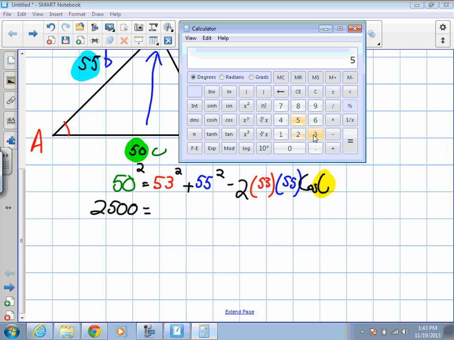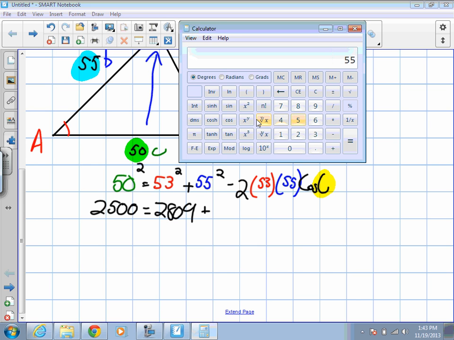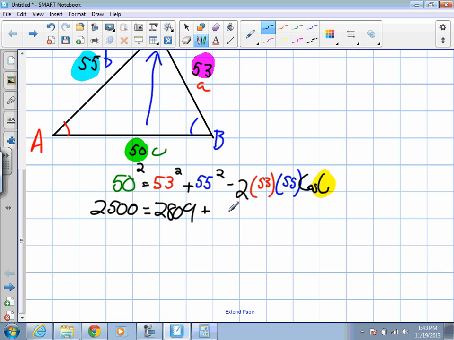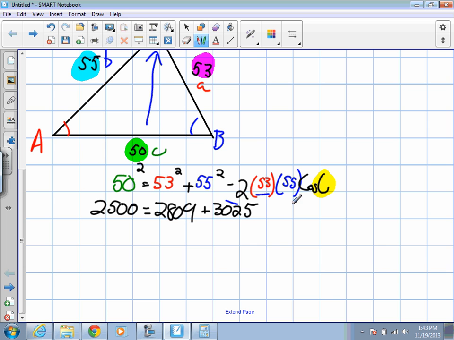Okay, 53 squared is 2,809. 55 squared, 3,025. Now remember, this is like multiplying negative 2 times 53 times 55, so we'll do this all in one shot. And again, that will be multiplied by this cos C. Okay?